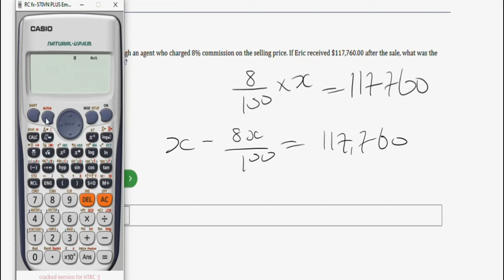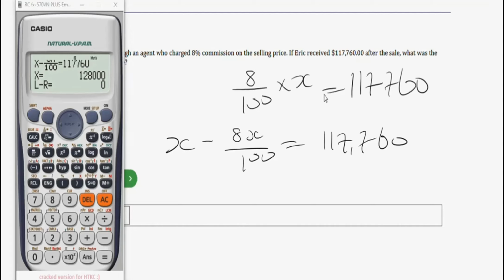So we have X minus, in fraction, 8x over 100 equals, press alpha calc, this value $117,760. So that's it. Let's solve this. Press shift calc, assign x to be 0, press equal to.